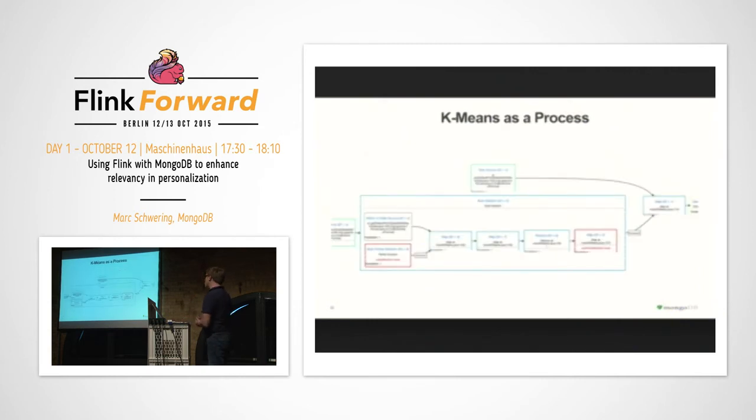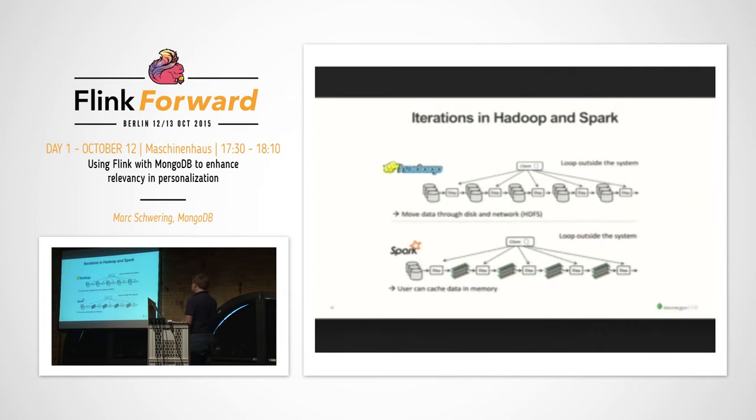In a process view of Flink, cut a little bit, and maybe there's a new UI with 0.10, you have data sources, and you have this process, and it will iterate over the process, and the result will then be piped into the third-party system. If you want to do that with Hadoop, it always cycles through disk.